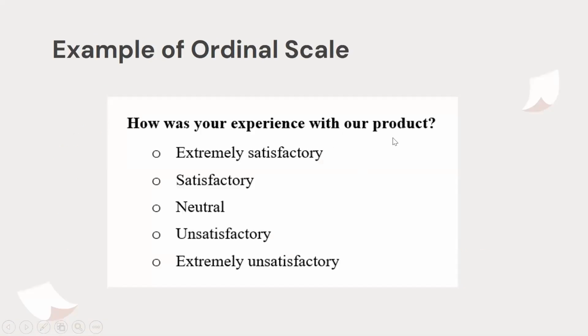You can see how was your experience with your product. These are the possible answers of the respondents: extremely satisfactory, satisfactory, greater than the neutral, and less than, unsatisfactory or extremely unsatisfactory. So that's an example of an ordinal scale.